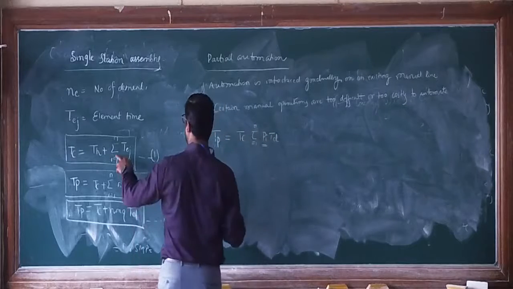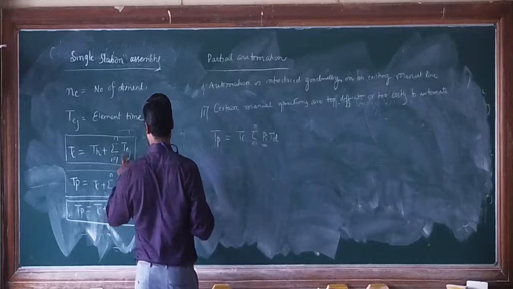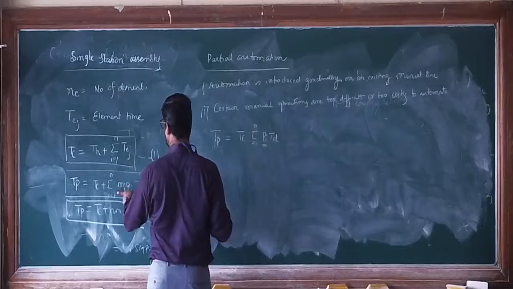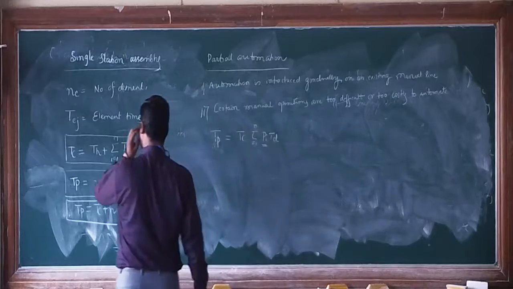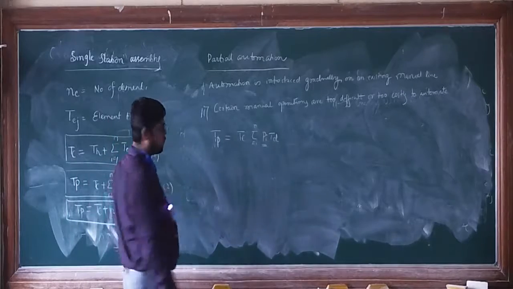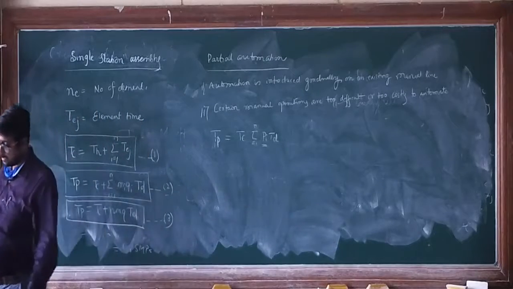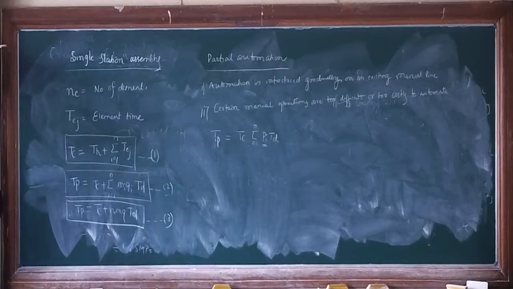In the earlier case we took Tj, the element time, calculated with the help of downtime, where element time is equal to Mi into Qi. Here in this particular case we take Tc plus the summation for i equal to 1 to n.